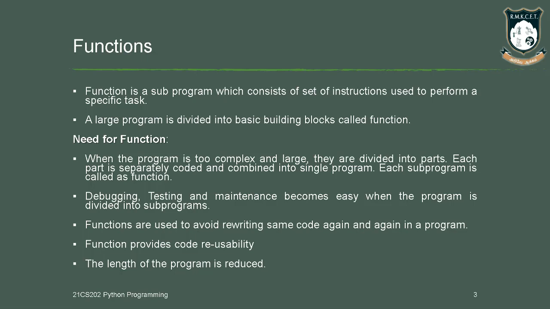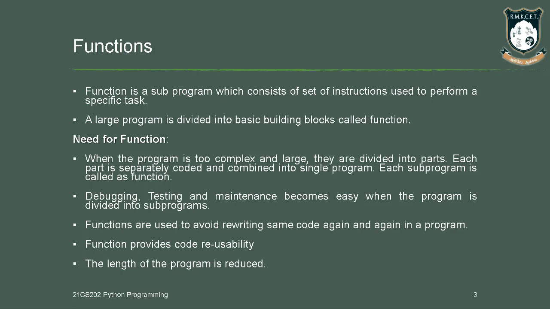The second need is to debug, test, and maintain the program easily, by dividing the large program into smaller programs, that is, functions. Also, it avoids rewriting the same code again and again.